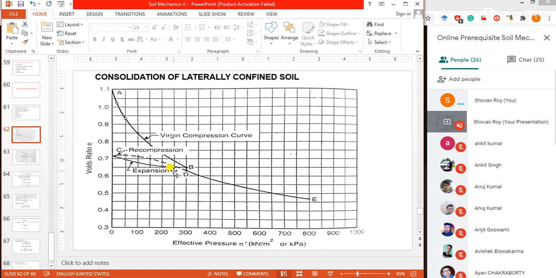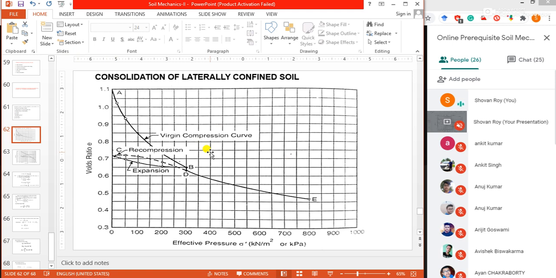At the same pressure, suppose 300 kilonewton per meter square, the void ratio at D is always less than the void ratio at B. On further pressure increments, the curve DE is obtained, and the portion AB of the curve represents the compression of a soil which has not been subjected in the past to pressure greater than those which are being applied for the present compression.